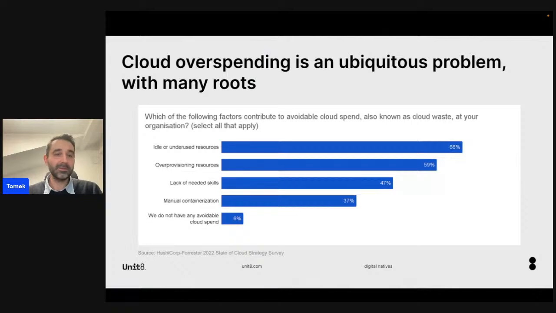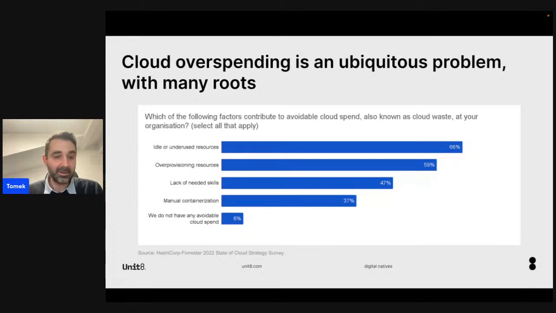Let's look at some of the main reasons or areas where cloud overspend appears, and this is a result of a survey done by HashiCorp. For those that don't know this company, they are creators of Terraform, and you can see some categories here ranging from idle, underused resources. That's a no-brainer.